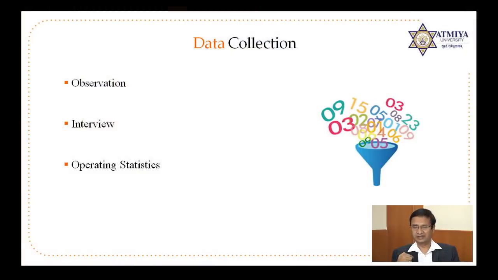So when you are using observation as a technique, you have to work like a management spy. Why am I using the term management spy? Because you have to be a keen observer. You have to observe everything according to your domain and your subject, so that you are able to easily identify your area and collect the data on the subject on which you want to write the case. Another very important technique is interview.